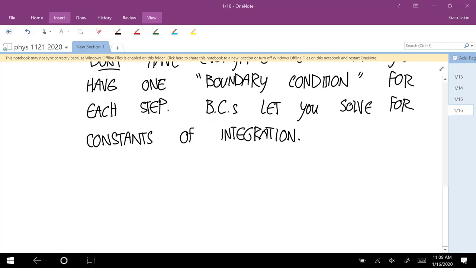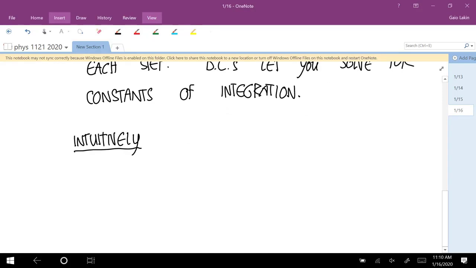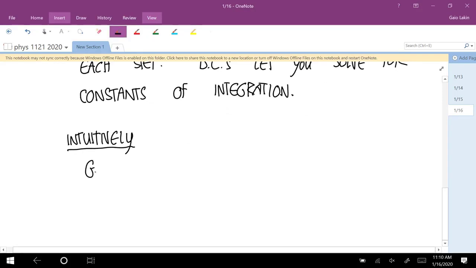So how does this work intuitively? Let's say that you're given velocity as a function of time for a flying object.